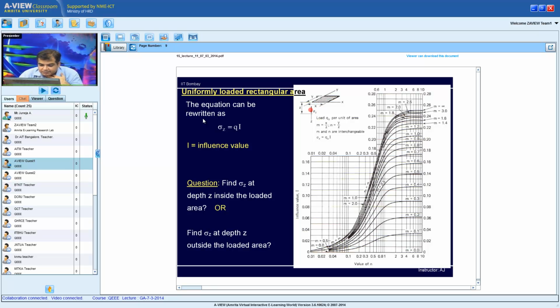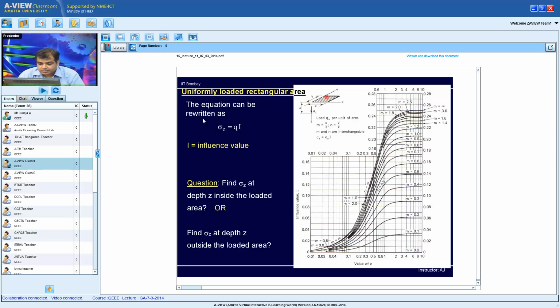What happens if this point is not at the corner? If it is within the loaded area, I need to divide this loaded area into smaller rectangles or smaller squares, such that for each square or rectangle my point is at the corner. Remember, this chart is only valid if your point is at a corner.